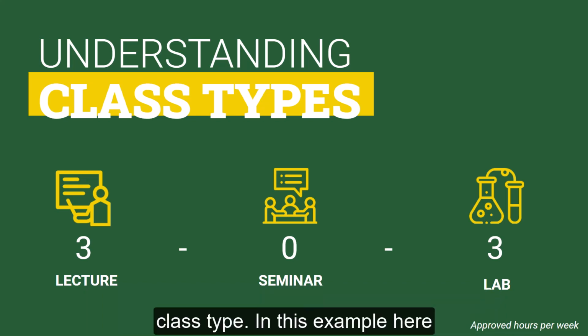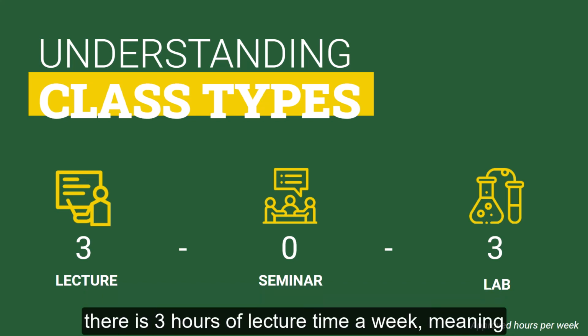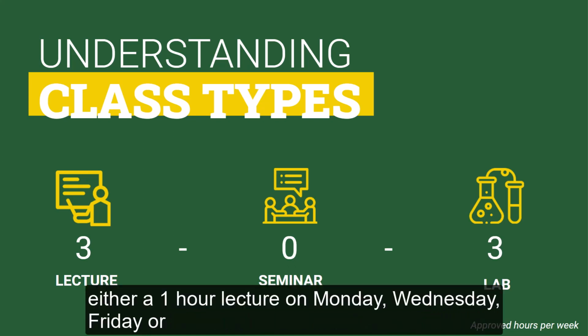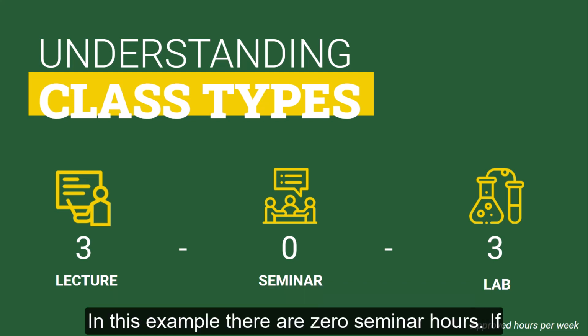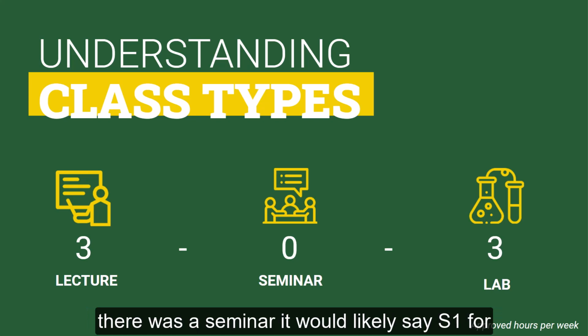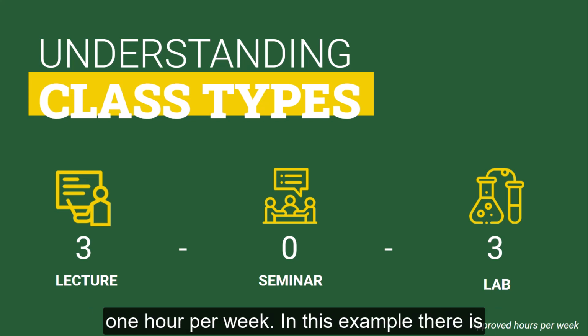In this example here, there's 3 hours of lecture time a week, meaning either a 1-hour lecture on Monday, Wednesday, Friday, or a 1.5-hour lecture on Tuesdays, Thursdays. In this example, there are 0 seminar hours. If there was a seminar, it would likely say S1 for 1 hour per week.